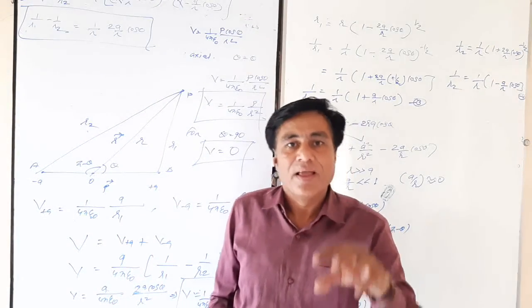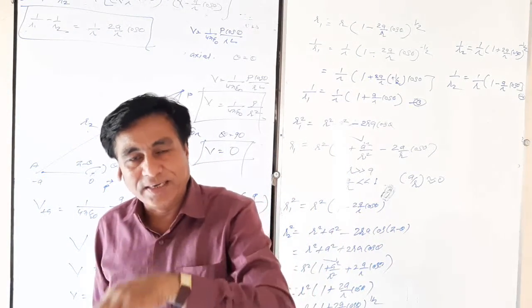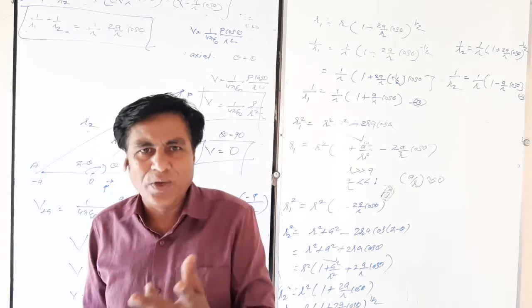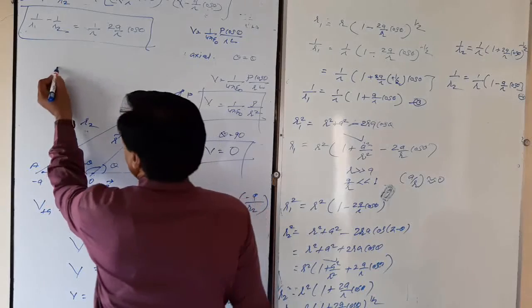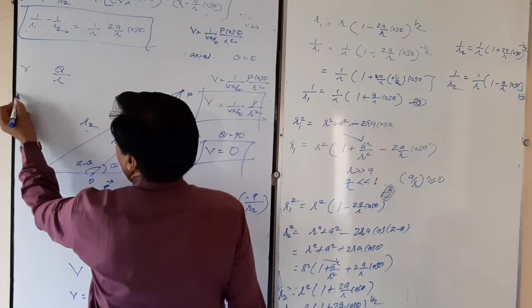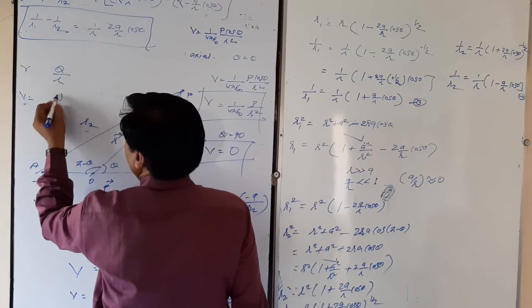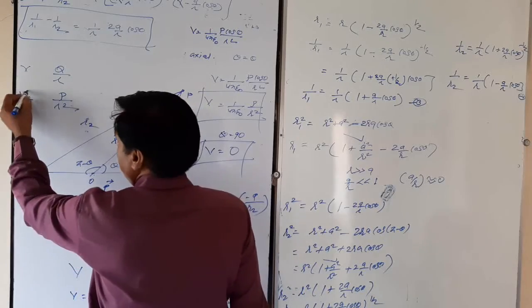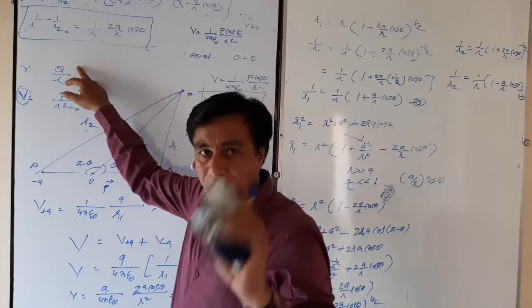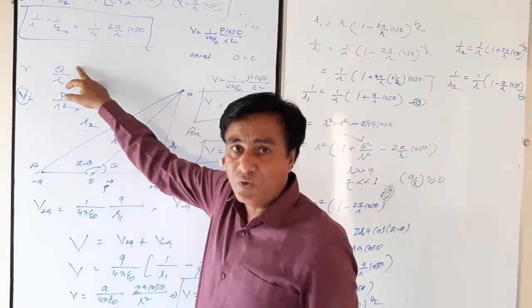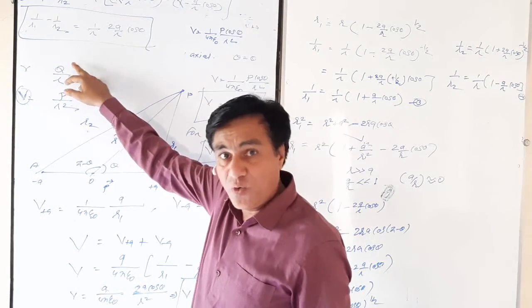Potential due to point charges is also calculated, and V is equal to 1 upon 4 pi epsilon 0 times Q by r. See here, due to point charges it is Q by r, but due to a dipole V is equal to p upon r square. In the point charge case there is only one source charge, so you take Q by r.